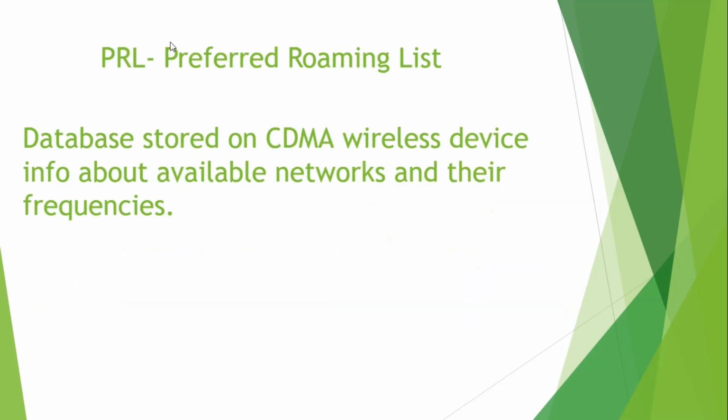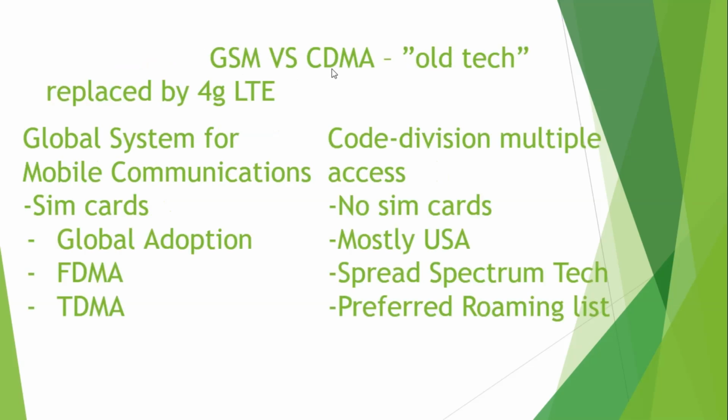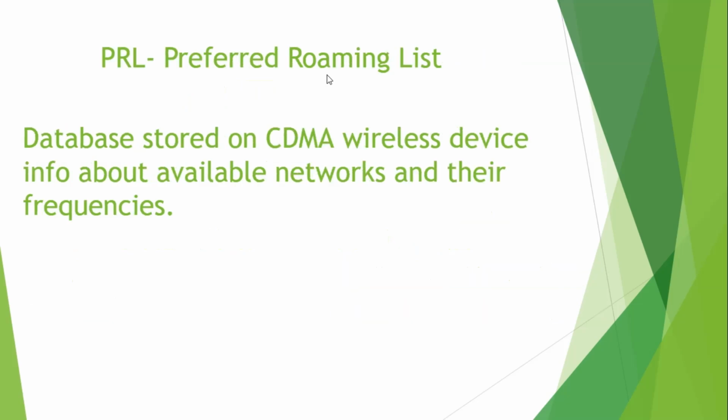Okay. So, like I mentioned, preferred roaming list. This came up twice, once within this technology, the CDMA, and also in and of itself. So the preferred roaming list, guys, is how you think of what's on queue, right?